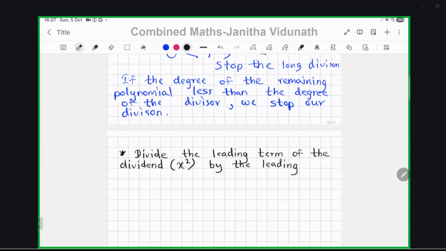Divide by the leading term of the divisor.